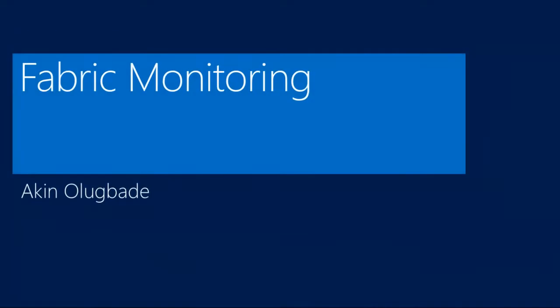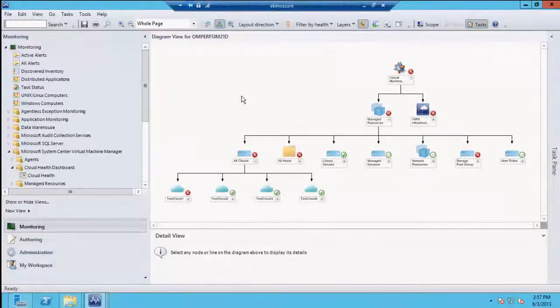So now I'm going to go into a Fabric monitoring demo. So here is the Operations Manager console. Some of you said you've seen it before, but if you haven't, this is really the view you get into monitoring your enterprise infrastructure.